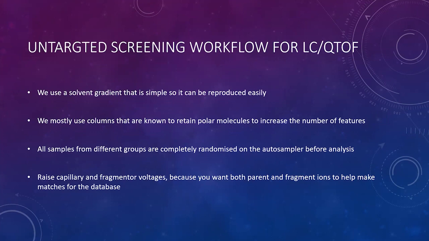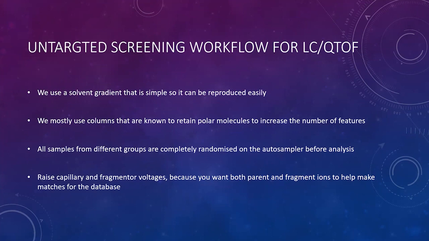And again, we use columns that are known to retain polar molecules, the Agilent SB-C18 porous shell and the Waters T3, because we need to increase the number of features or compounds that we are extracting from whatever matrix we're working on. It's very important that we get the maximum number of compounds out of the commodity because we need to know what that contaminant is.